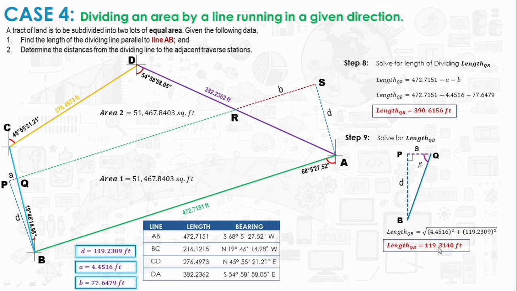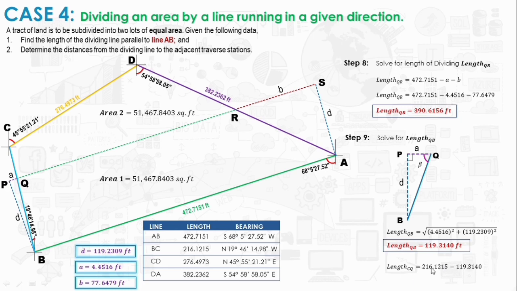So, if the length of QB is 119.3140, makukuha na natin yung length ni CQ. Kasi given man yung length ni BC, ito, yung length ni BC ay 216.1215. So, yung length ni CQ is simply the length of BC minus the length of QB.